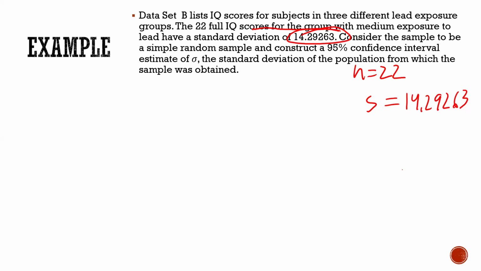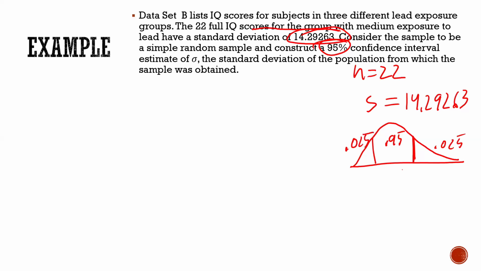The other thing in here is the interval, so that's 95%. That means we're going to have something that looks like this: 95% in the center, which means what percent is in each wing?